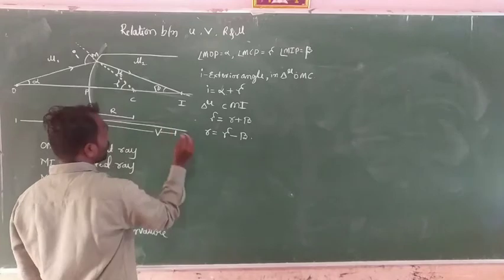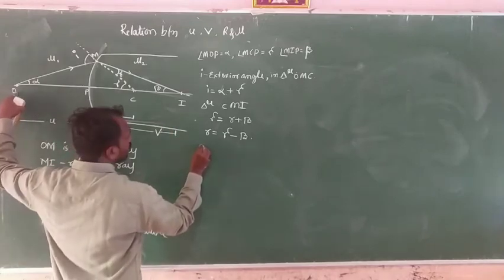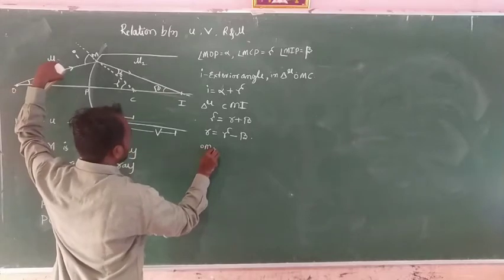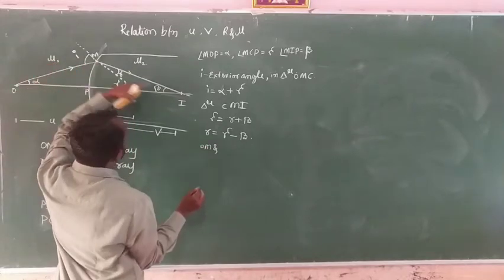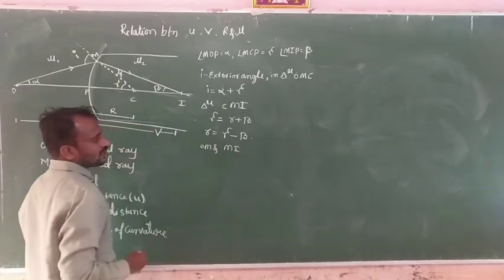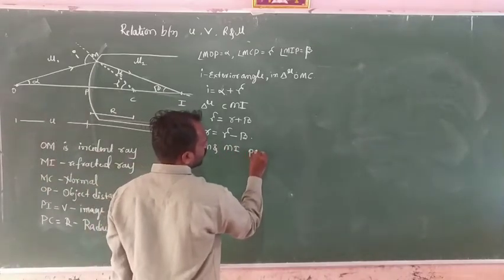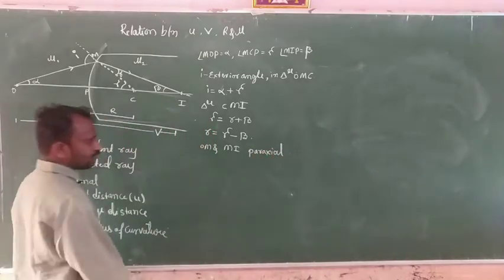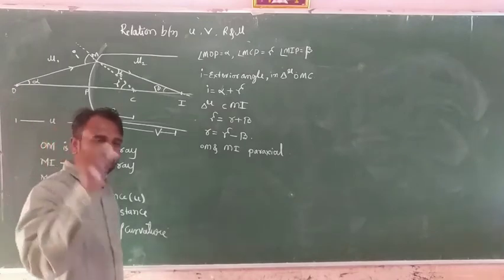Suppose OM, the incident ray, and MI are paraxial, then the angle values are very small.